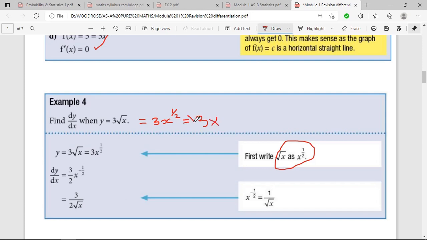We are now looking for the derivative, our f prime, our dy dx. So it will be 3 times half. Then what will be the power? The remaining is half minus 1, which is minus half. Then 3 times half, you get 3 over 2, then x to the power of minus half.